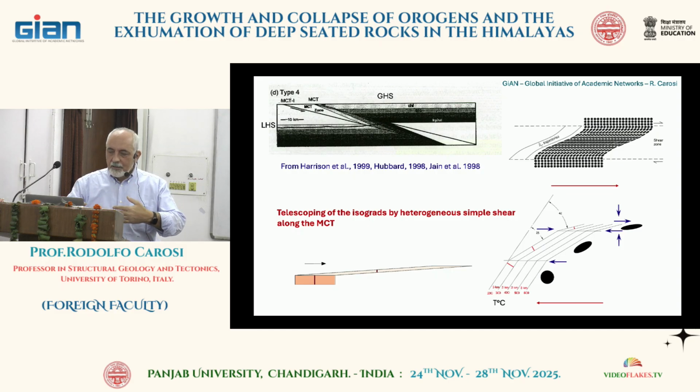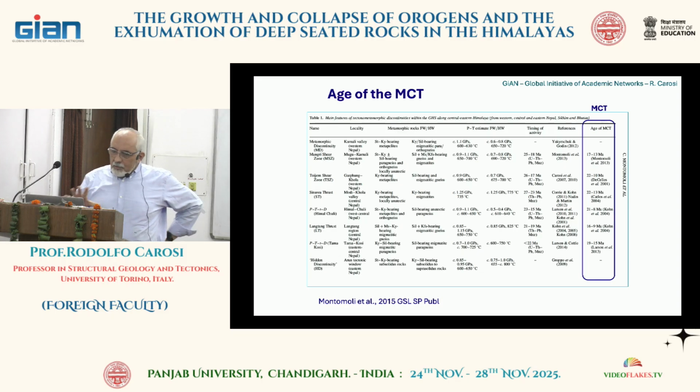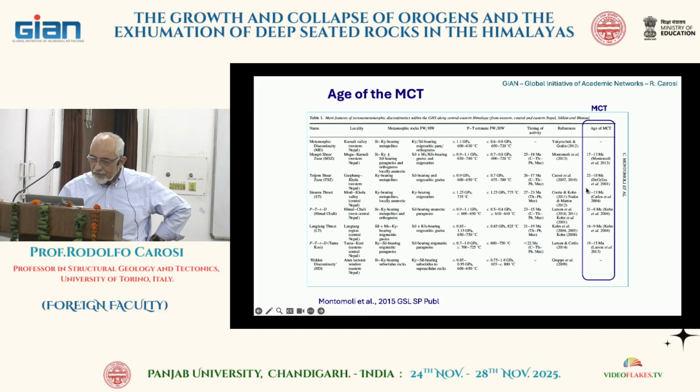In transpression, the telescoping is much higher because we also have a component of compression perpendicular to the boundary. So these lines are flattened and put close to each other. It's very, very common.